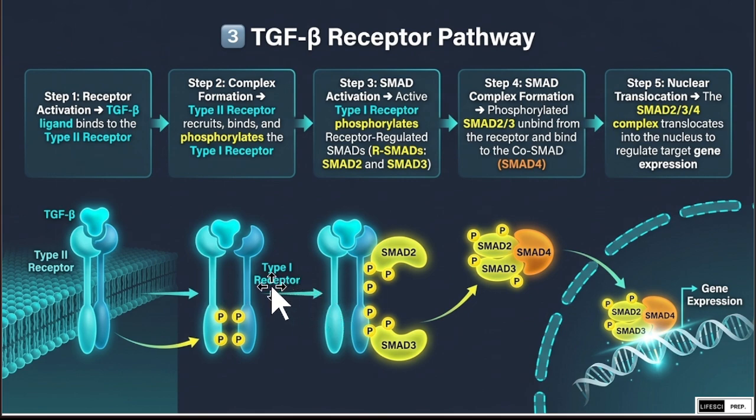After the cross phosphorylation, they recruit SMAD2 and 3 and phosphorylate them too. The SMAD2 and 3 unwind from the receptor and co-associate with the SMAD4 and enter the nucleus, and the expression of gene occurs.